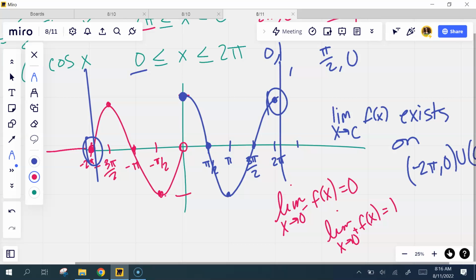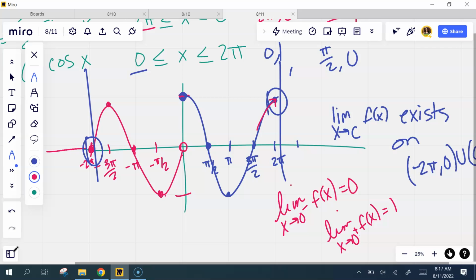I agree with one of those. Only the left-hand limit, so no right-hand limit. Not where does the limit itself not exist, but just a left-hand limit. So yeah, 0 has a left-hand limit, but it also has a right-hand limit, right? But you are right about 2 pi because it only has a limit as it comes in from the left. It doesn't have a right-hand limit.